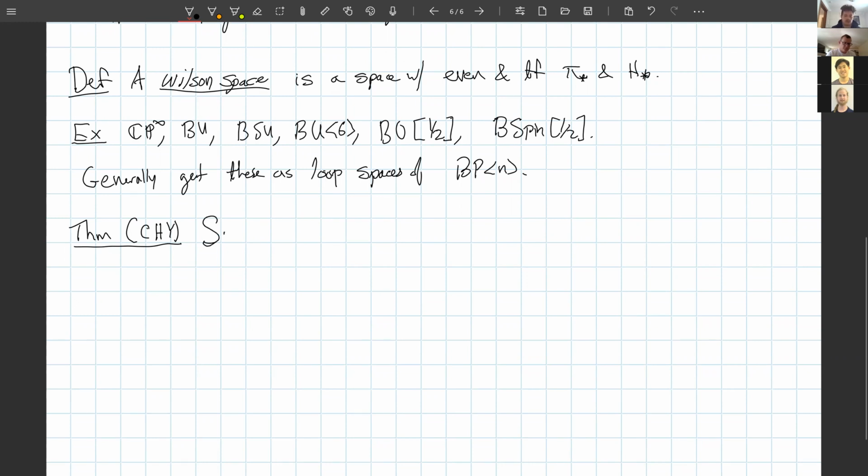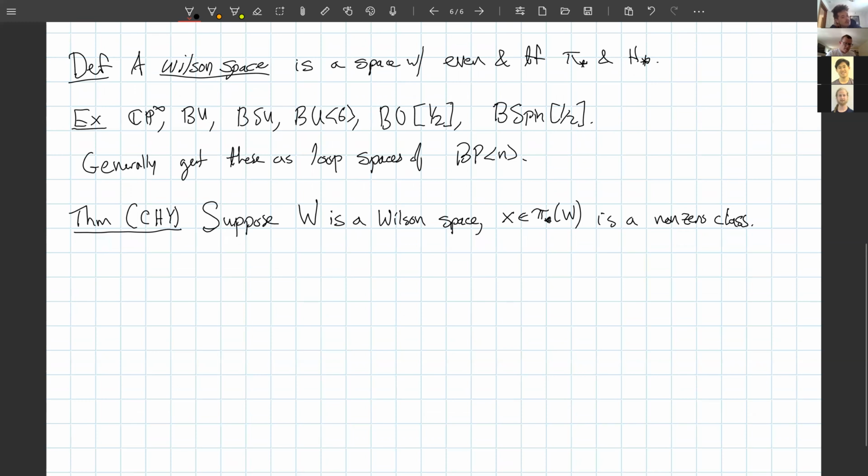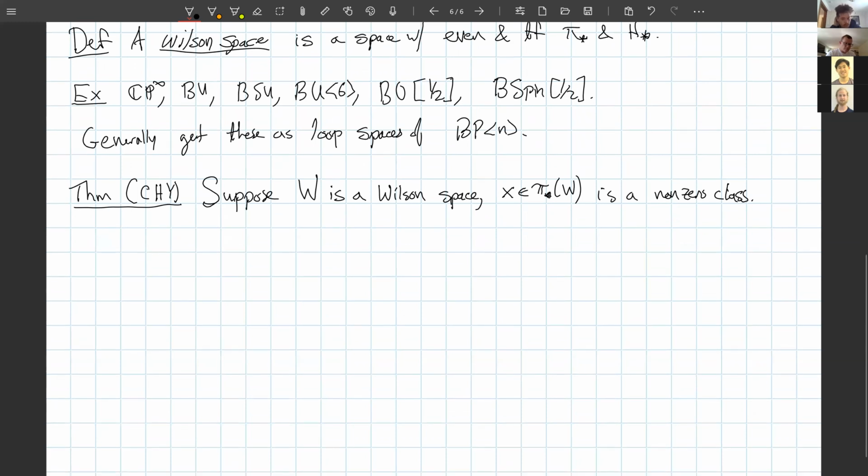Suppose that W is any Wilson space and X in pi star of W is a non-zero class. I'm going to think about W as an E infinity space. Wilson proved that every Wilson space has at least one E infinity structure. So implicitly, I'm picking an E infinity structure on it.